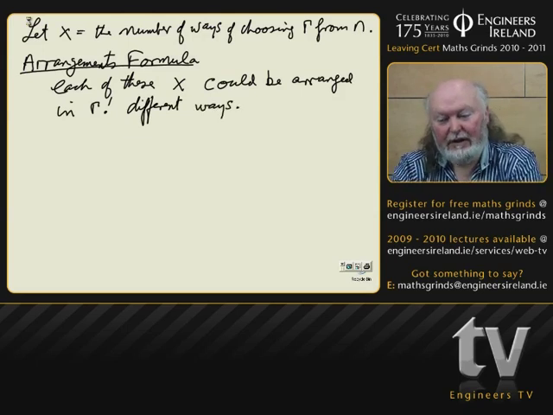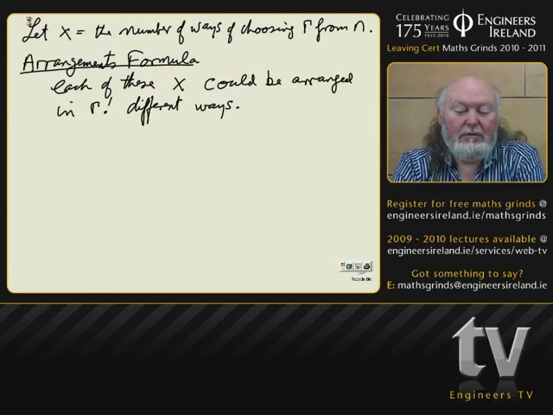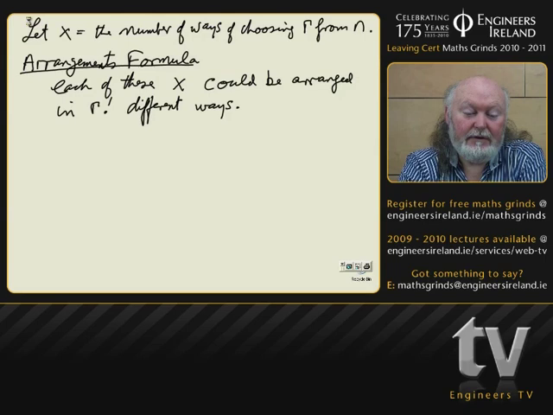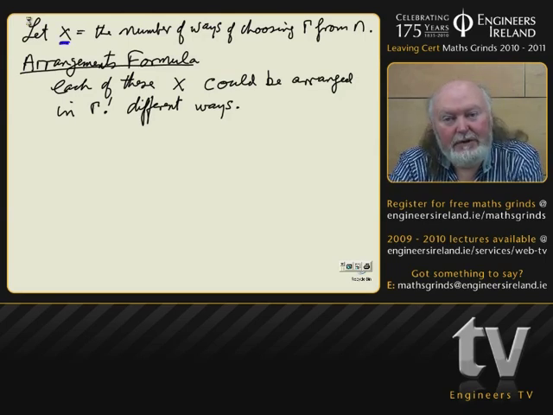So he's saying, of these, if you pick any one of these x ways, we'll just say the third way. There's R items in there. And we could start to arrange those R items. And we'll get factorial R ways of arranging them.